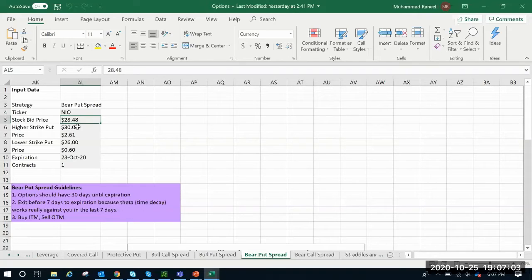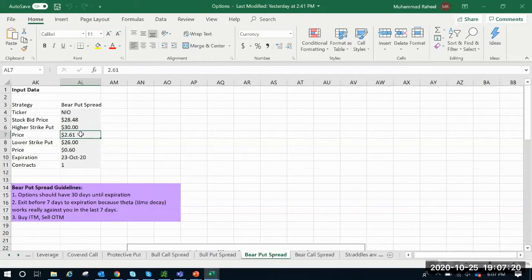So what you would do is buy the higher strike put, so buy the 30 put, and then sell like 26 or 24 or 25, which is a lower strike put, right? The higher the strike, the more expensive the put option is.